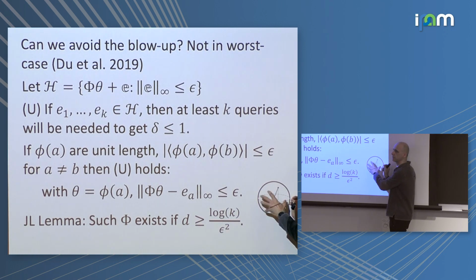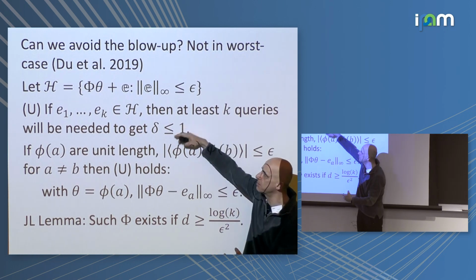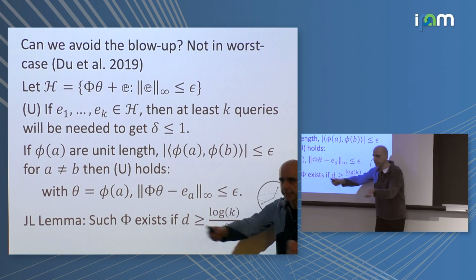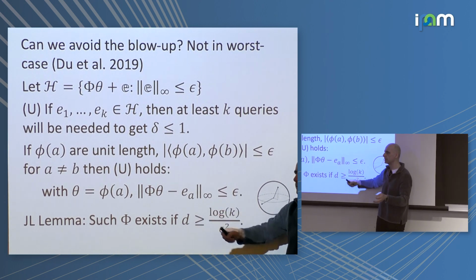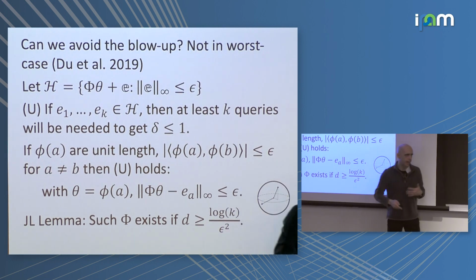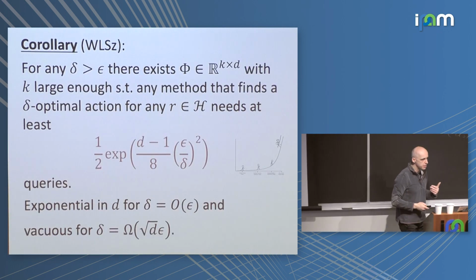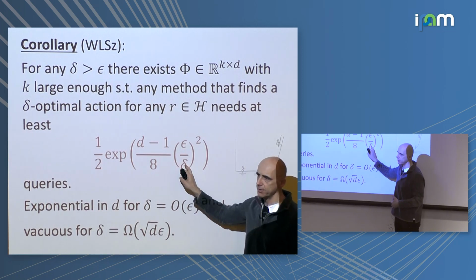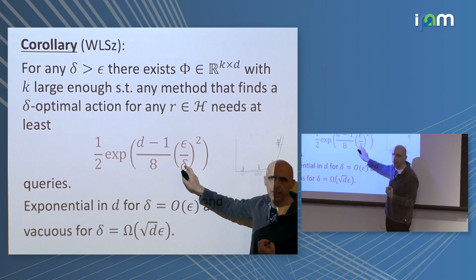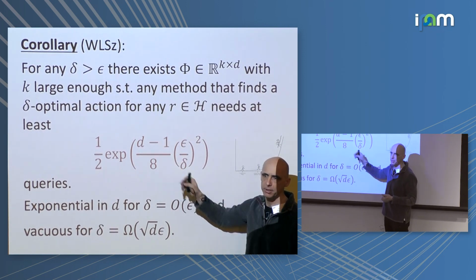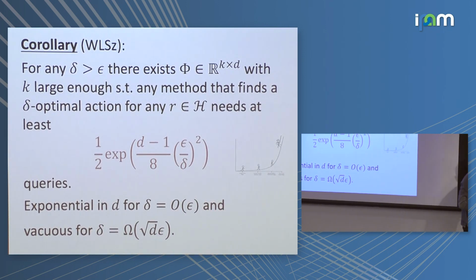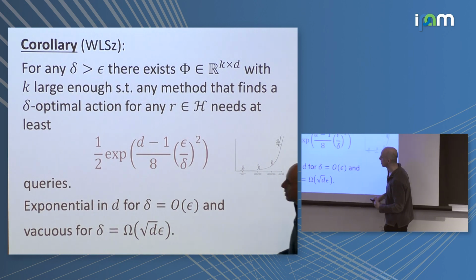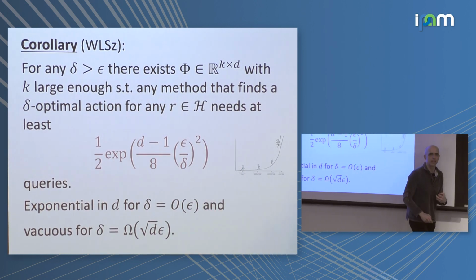If you randomly choose these vectors on the unit sphere, and the unit vectors are in your hypothesis set of what the reward functions could be, then you have to ask basically the values of all the rewards at all the actions. So you can't do much better. And actually, you can refine this previous lower bound that shows that if the delta factor is not at least square root of d, then you will have some sort of exponential growth in your query complexity with dimensionality. So that's the lower bound that shows you that the square root of d factor should really be there.